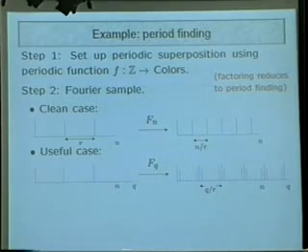The problem is we don't know a multiple of the period, right? We're just given a periodic function. But we still have to set up a superposition somehow. But it's impossible to set up this one. So what's actually done, and this is one of the things Peter Shor had to do in his paper on factoring, is he handled this case of what happens when it doesn't line up right.